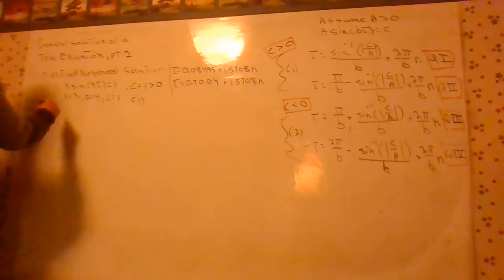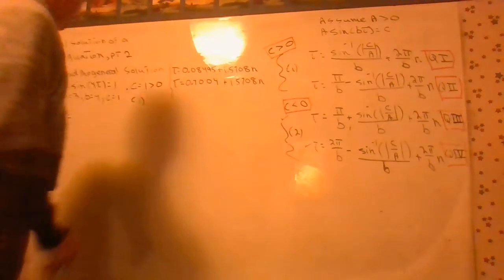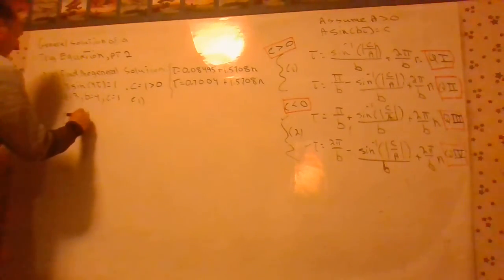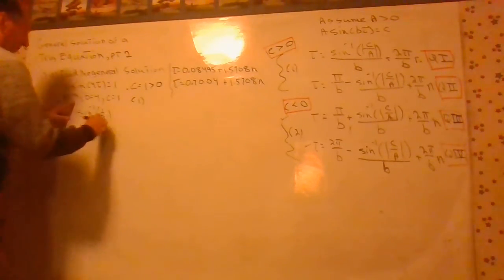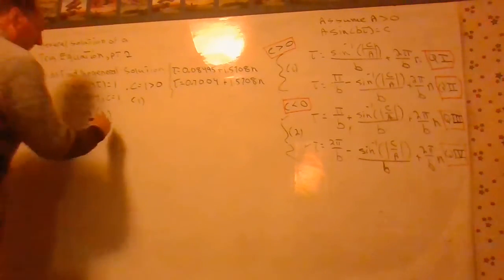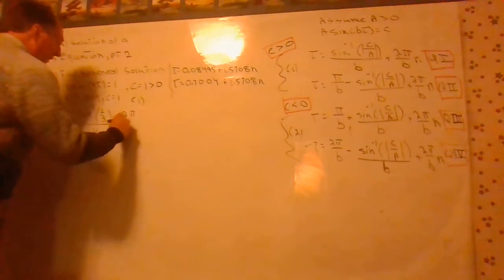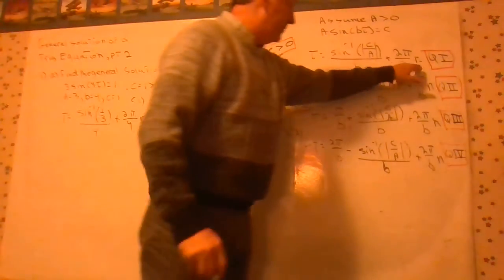Well, first of all, t equals inverse sine c over a, which in this case is 1/3, divided by b, plus 2 pi over b times n. We're right here in the formula.